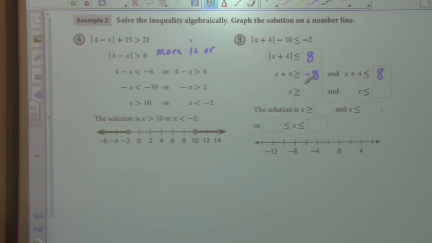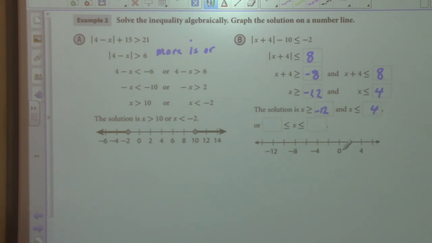Okay, so if we solve this, we subtract 4, so we get -12. So we're greater than or equal to -12. And when we subtract 4 here, we get 4, 8 minus 4. So we have x is greater than or equal to -12 and less than or equal to 4.